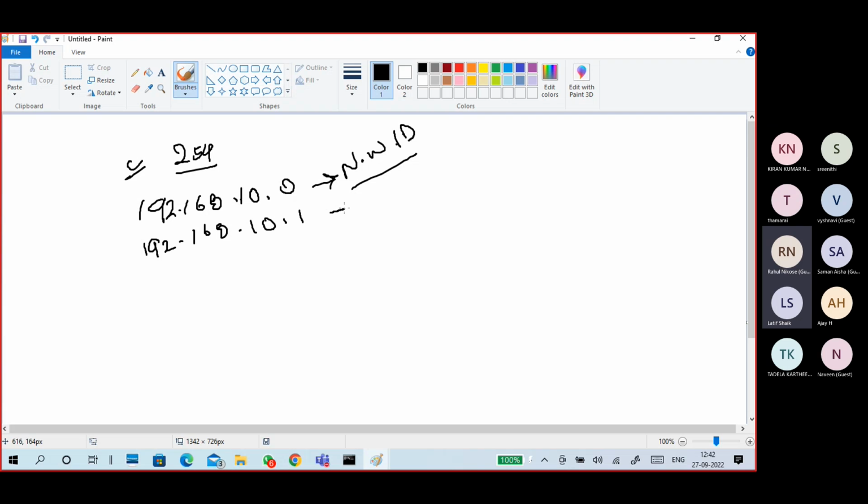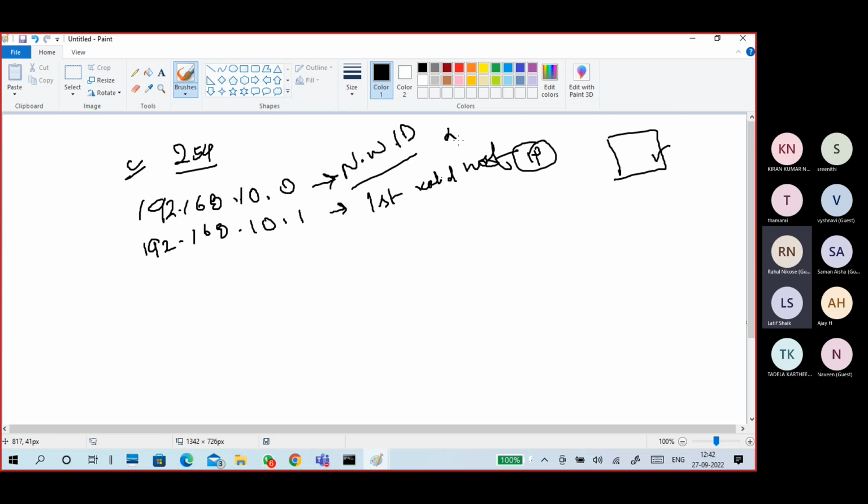192.168.10.1 is a valid host address. This is also called the first valid host address or host IP. It means if you have a computer or a laptop, you can assign this IP address.